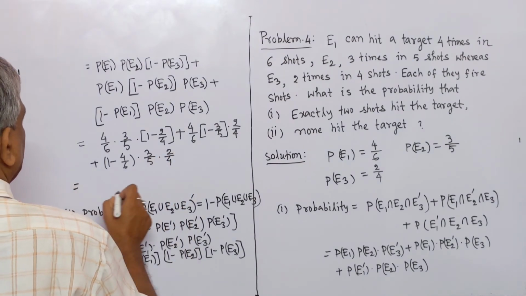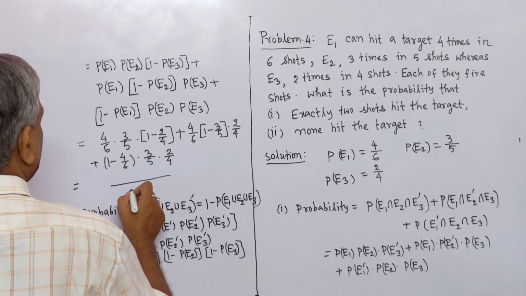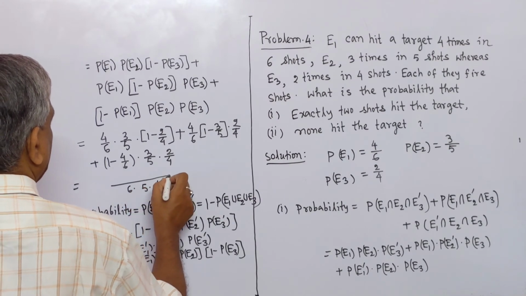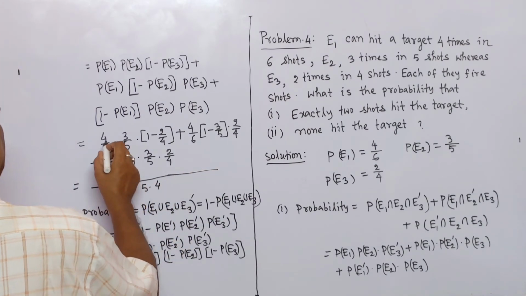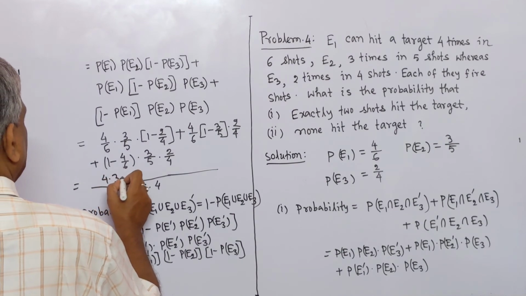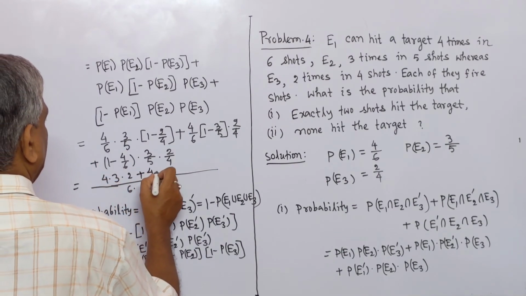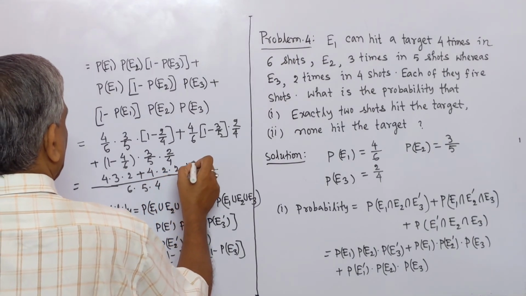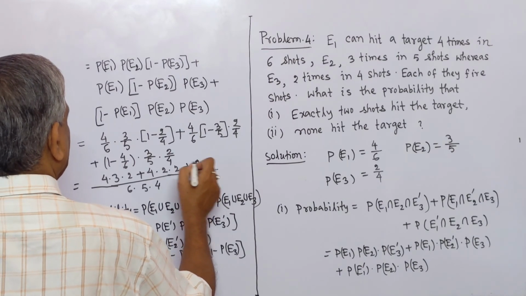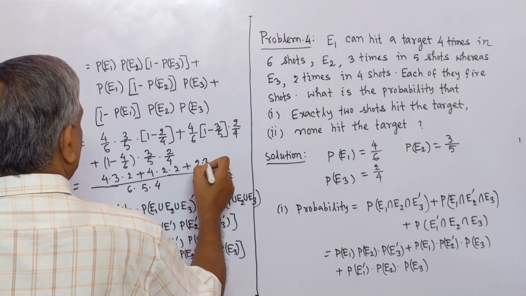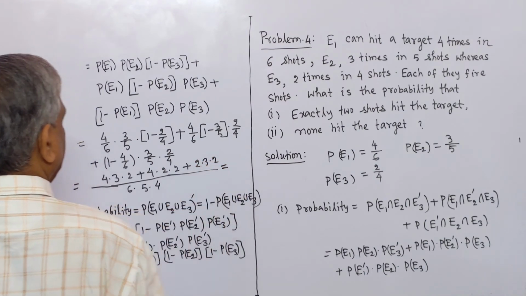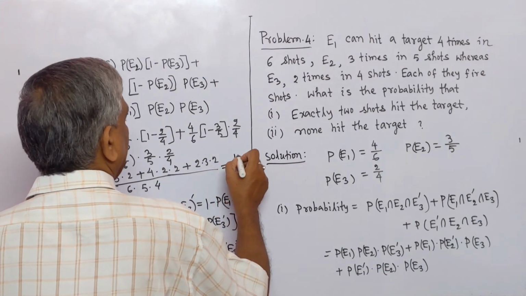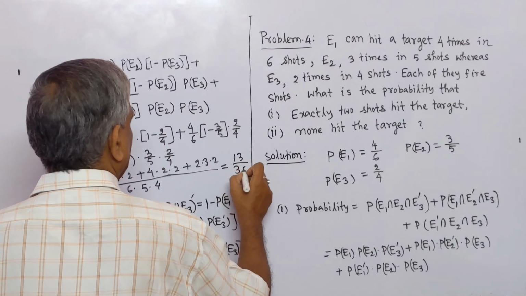So this will be equal to, if we take LCM, 6 multiply 5 multiply 4, and we write all things: 4 multiply 3 multiply 2 plus 4 multiply 2 multiply 2 plus 2 multiply 3 multiply 2. After calculation we get this equal to 13 by 30.